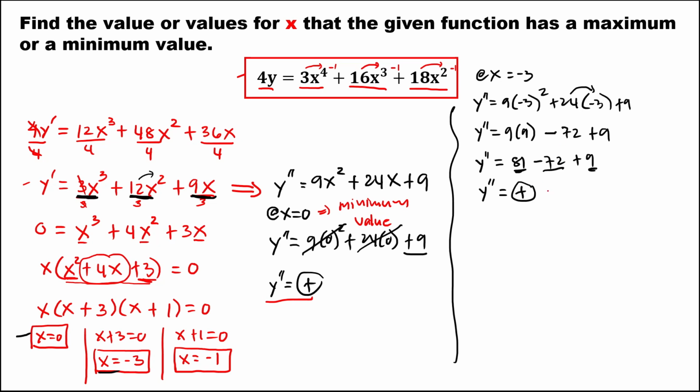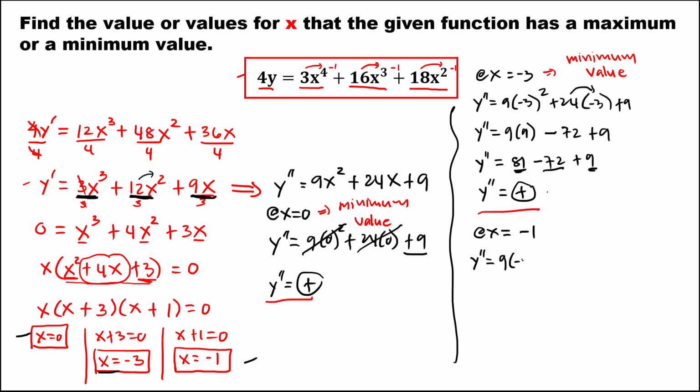So since the second derivative is positive, for x equals negative 3 is also the minimum value.